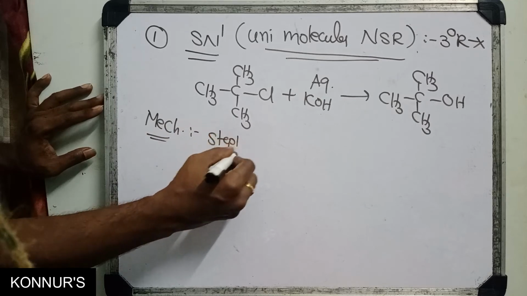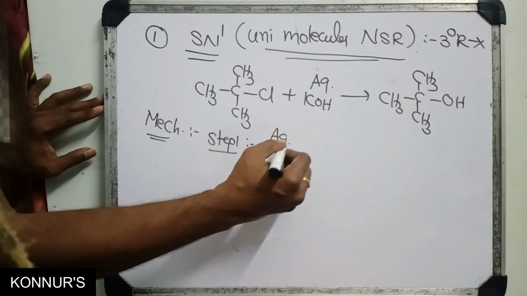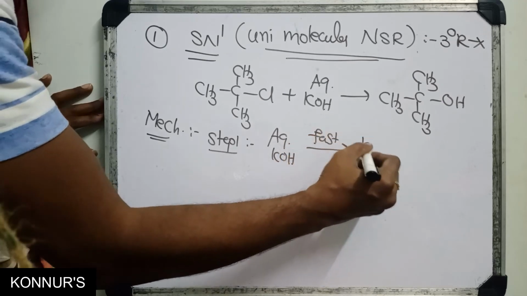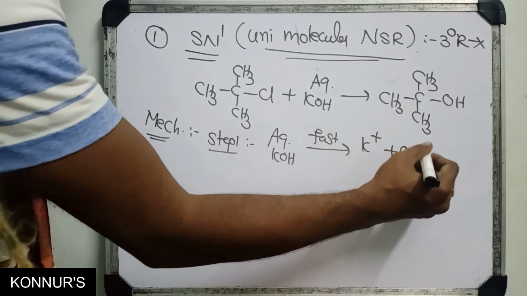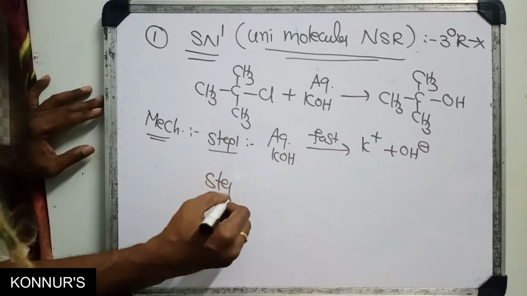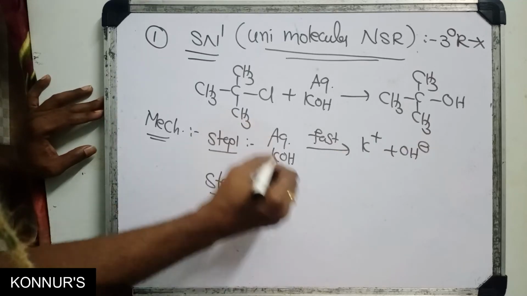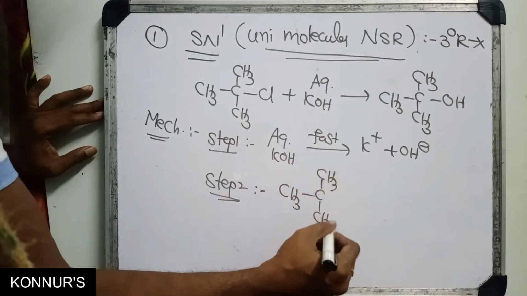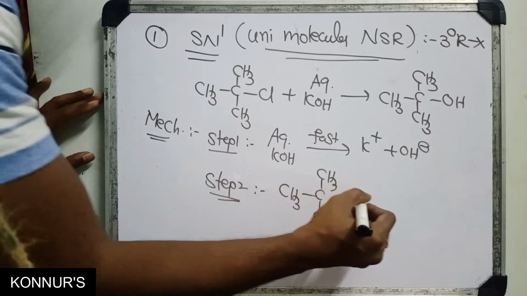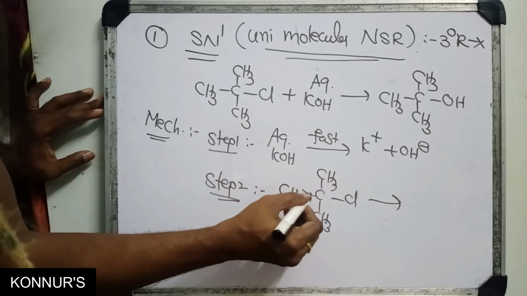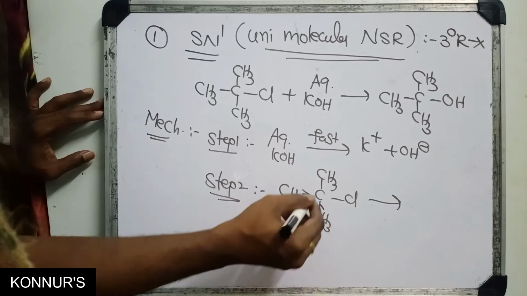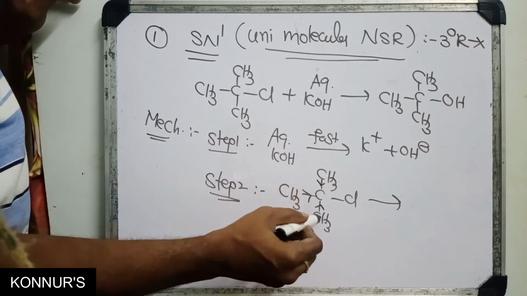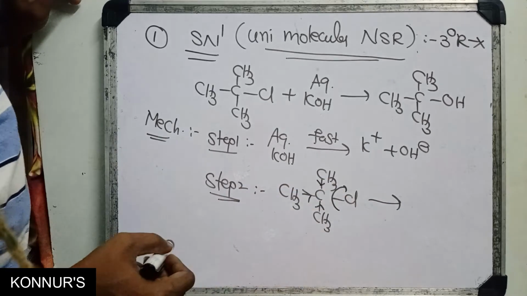Step 1: aqueous KOH quickly dissociates as K+ and OH-. Step 2: (CH3)3C-Cl. Here three methyl groups show a positive inductive effect, so the C-Cl bond breaks.